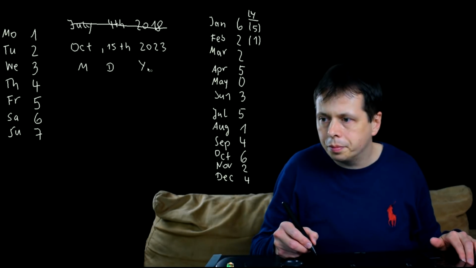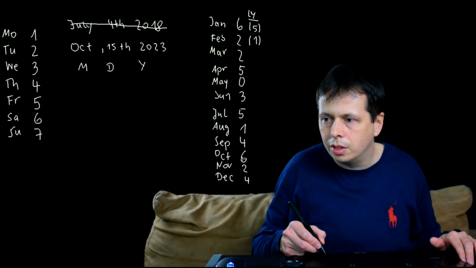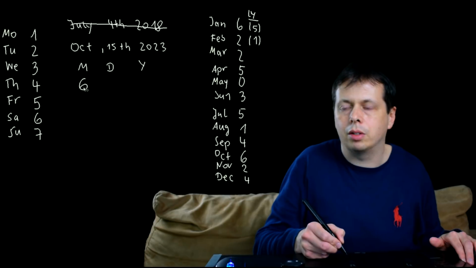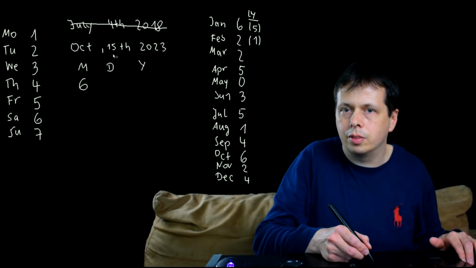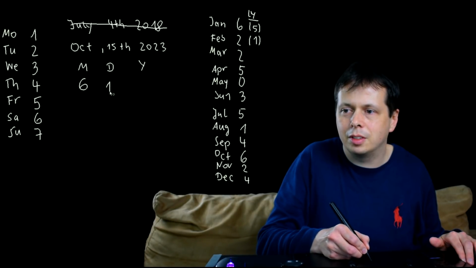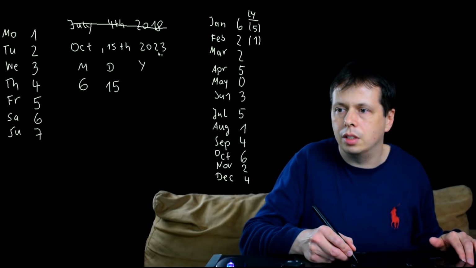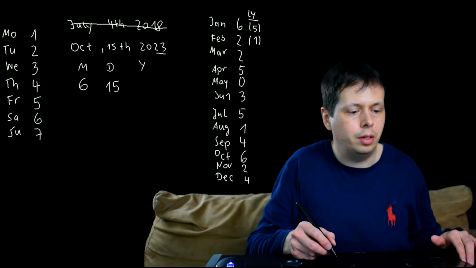So October is to find here. 6 is the month code. The day is 15. And the year code is 23.